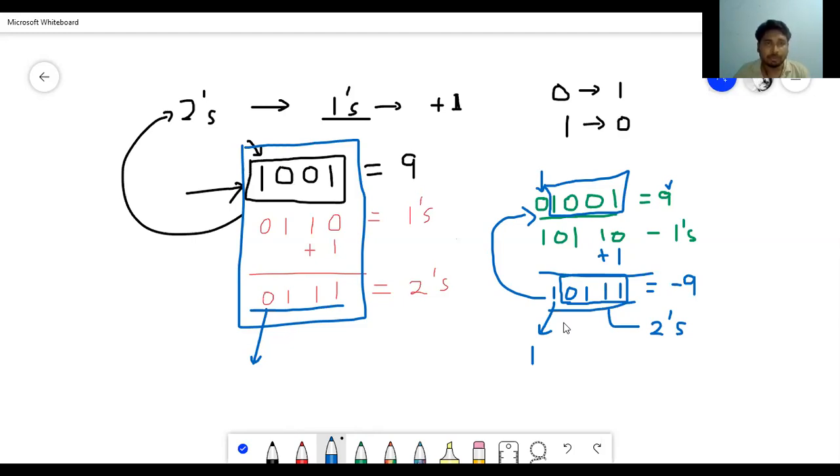Before coming to the 2's complement form, some people use the 1's complement form, but that is for limited numbers, like up to 15; we cannot represent more than 15 numbers. 0 to 15 can be represented using 1's complement form, and 16, 17 may create a problem.